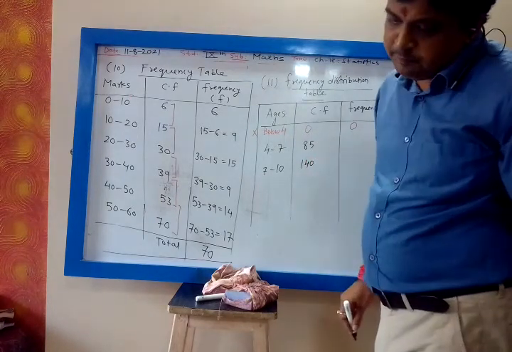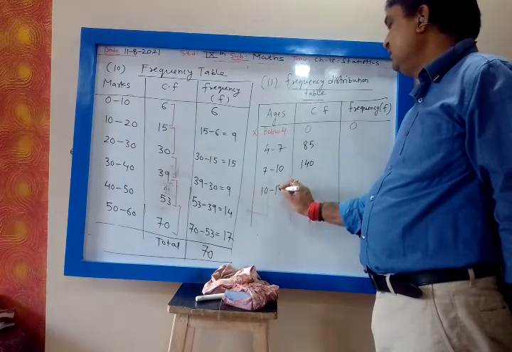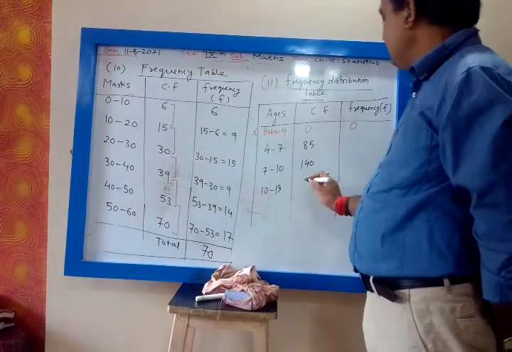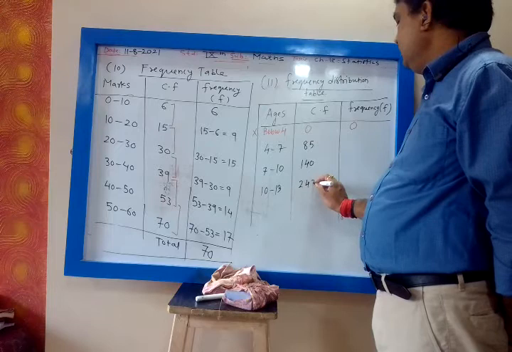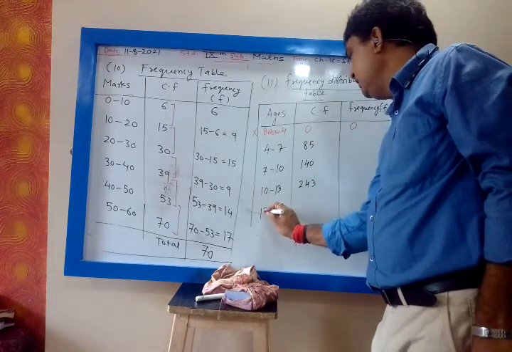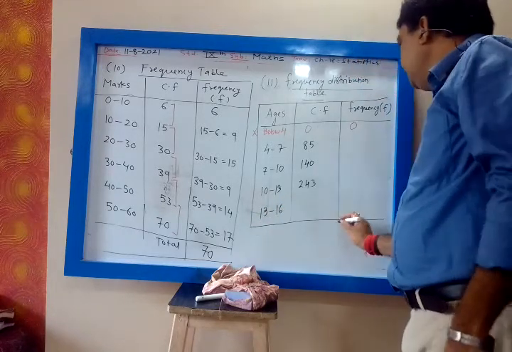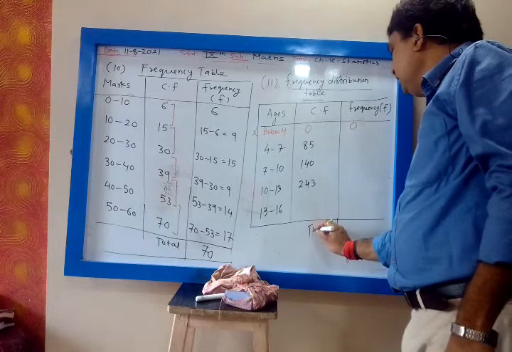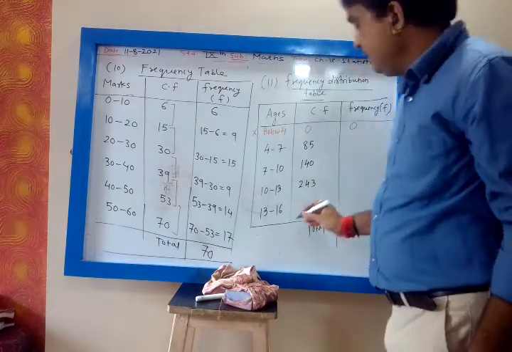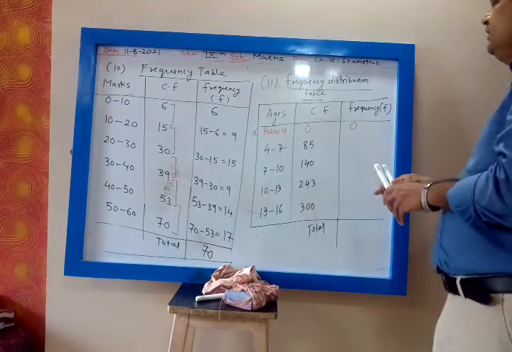Next, below 13, so 10 to 13, it is 243. Then below 16 means 13 to 16, given 300.